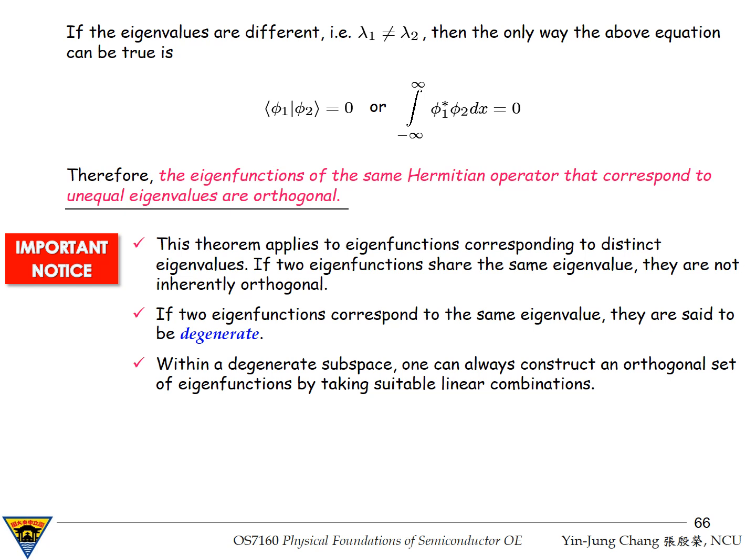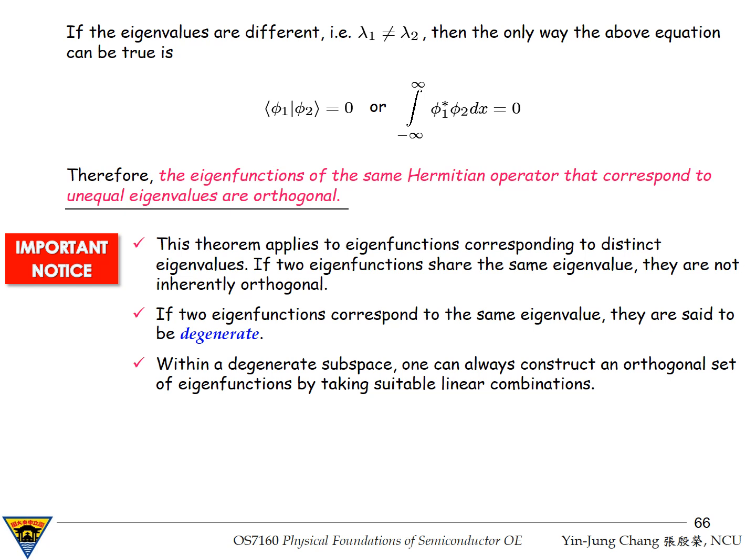Now there's one subtle but important point that we need to cover here. This theorem applies to eigenfunctions corresponding to distinct eigenvalues. If two eigenfunctions share the same eigenvalue, they are not inherently orthogonal. In fact, if two eigenfunctions correspond to the same eigenvalue, that is called degeneracy.